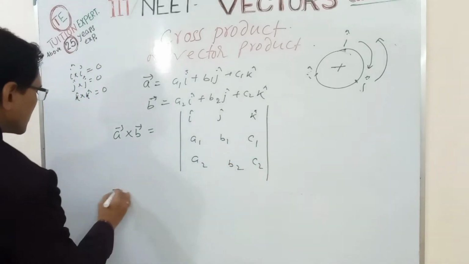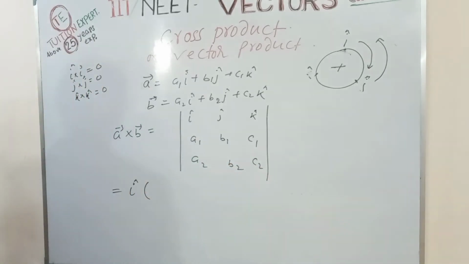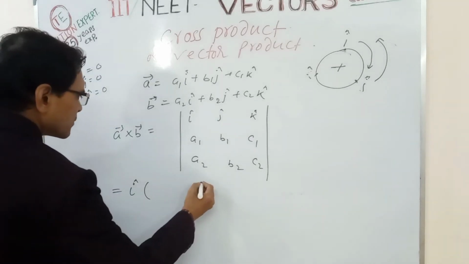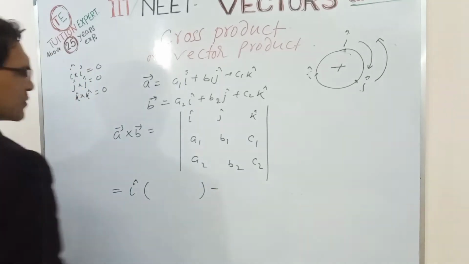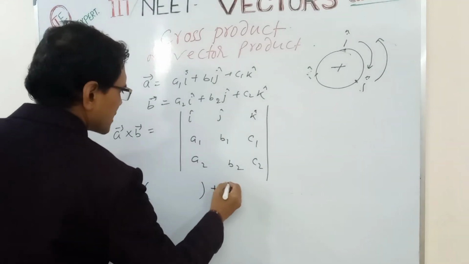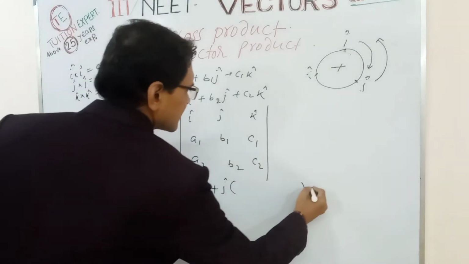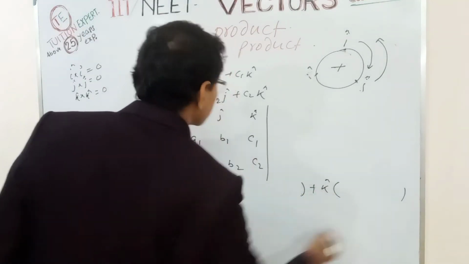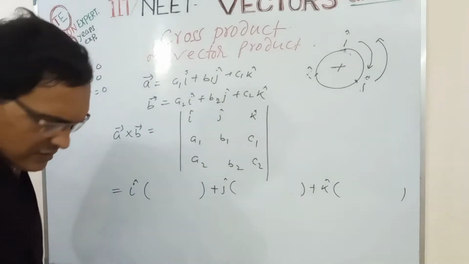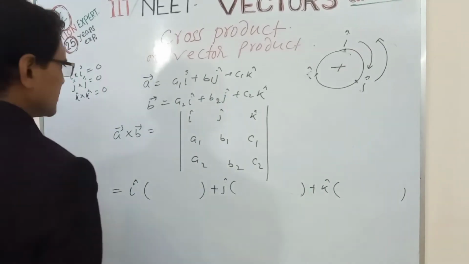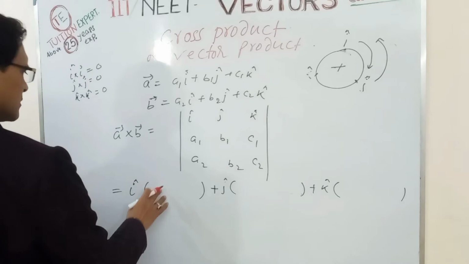Now use this way: i into some bracket, plus j into some bracket, plus k into some bracket.